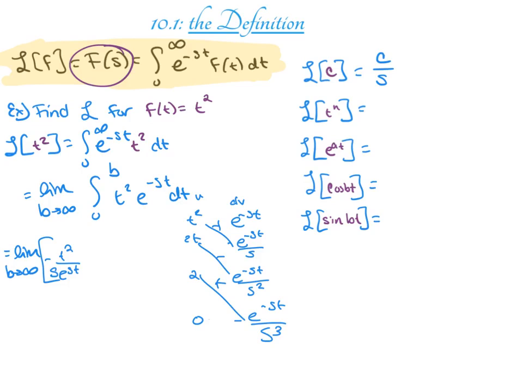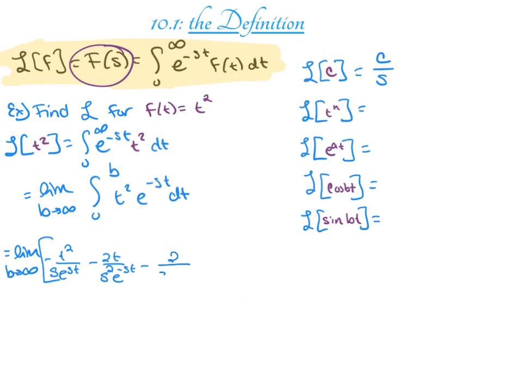And then another negative 2t over s squared e to the negative st. I'm going to erase my integration by parts, but I'm going to get a third term, negative 2 over s cubed e to the negative st, integrating from 0 to b.